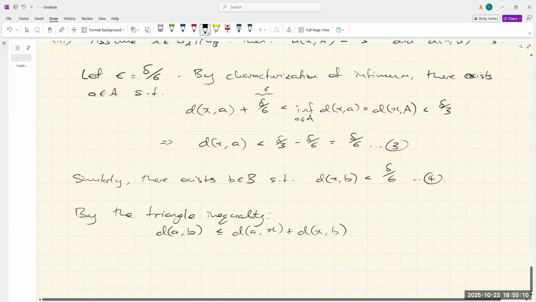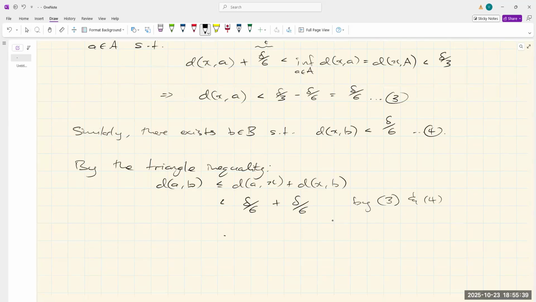Of course the distance from a to x is the same as the distance from x to a. So I'm applying now 3 and 4. So this guy is less than delta over 6, and this guy is less than delta over 6 by 3 and 4. Okay, so I'm applying those two. This thing here is equal to 2 over 6, which is a third. So delta over 3.